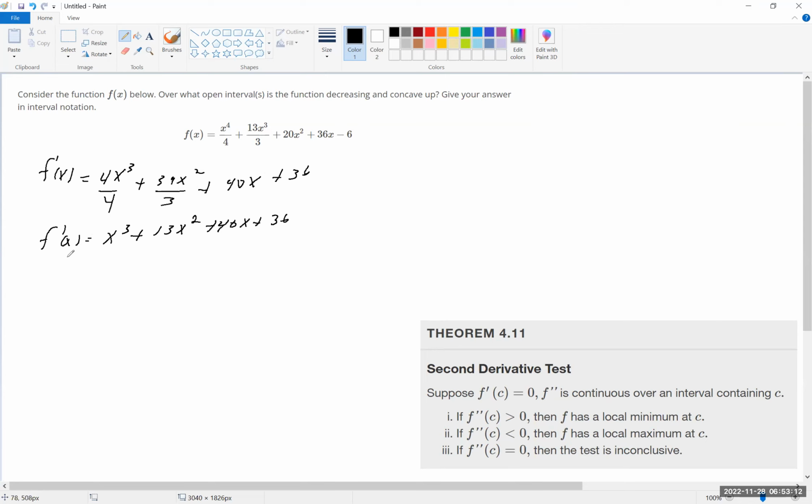Okay, then we need to set this function equal to 0 to find the critical values.